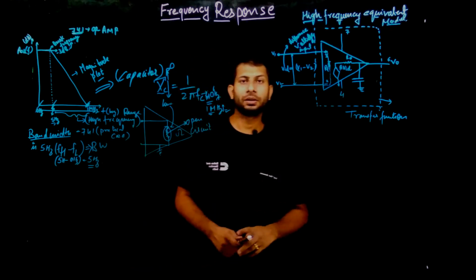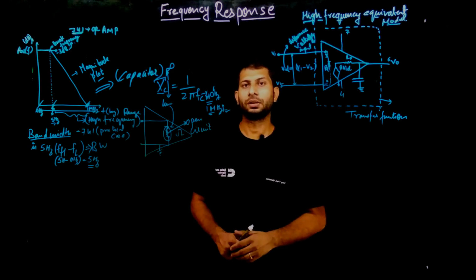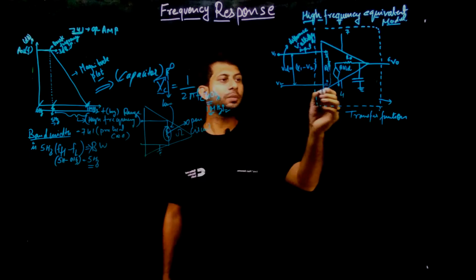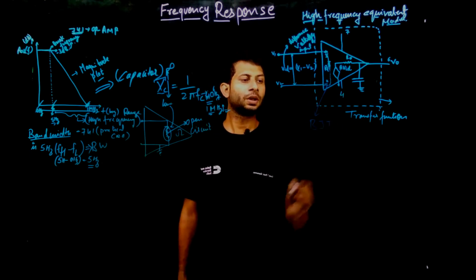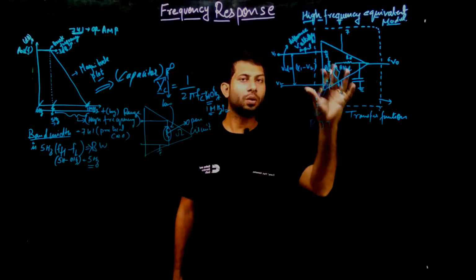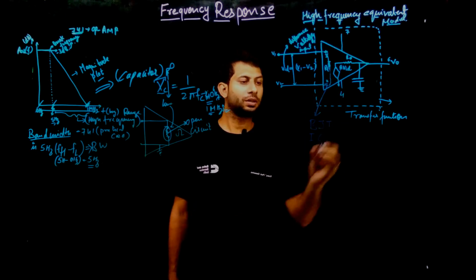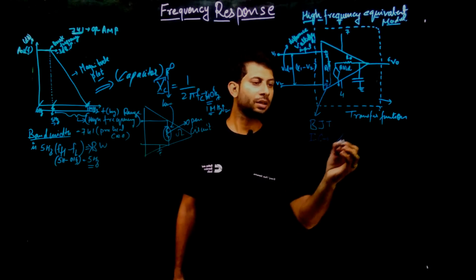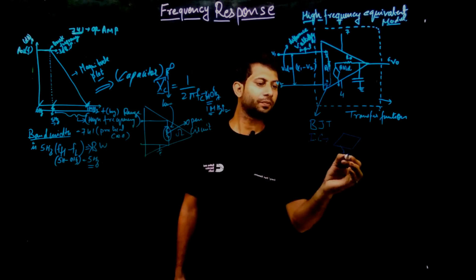Now you can think of why we are taking this capacitor. As we know, this operational amplifier is made up from BJTs, and this whole structure is made inside this IC or integrated circuit, and this integrated circuit is made on a substrate.